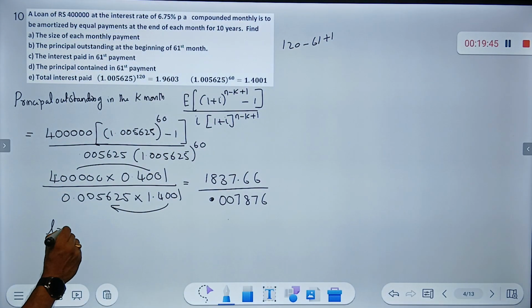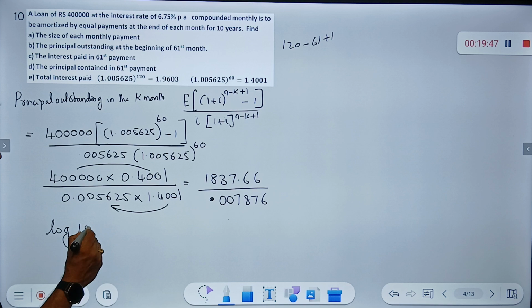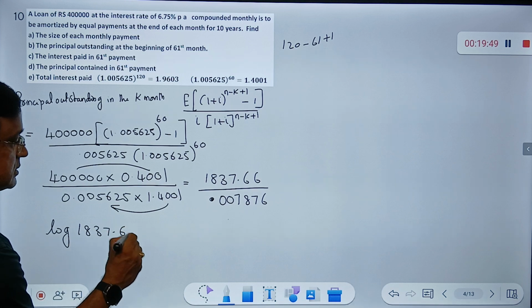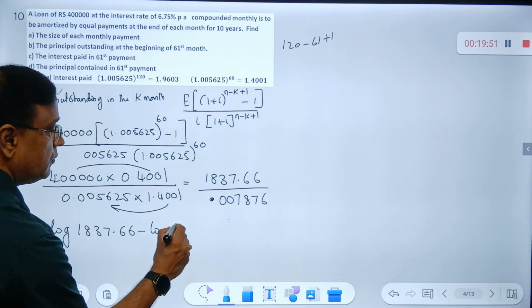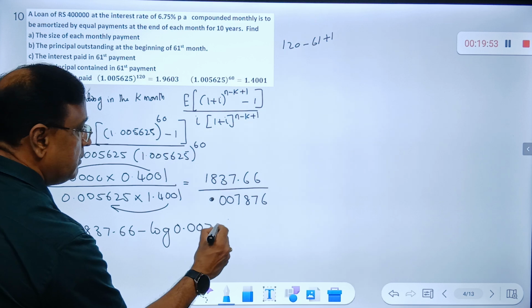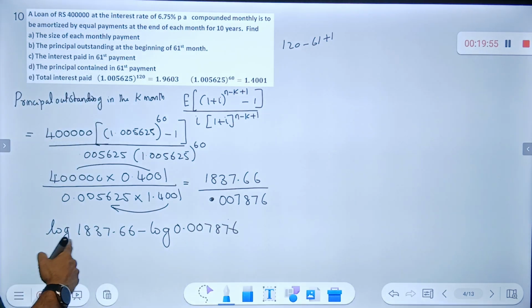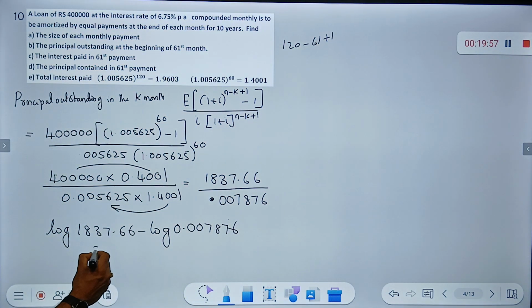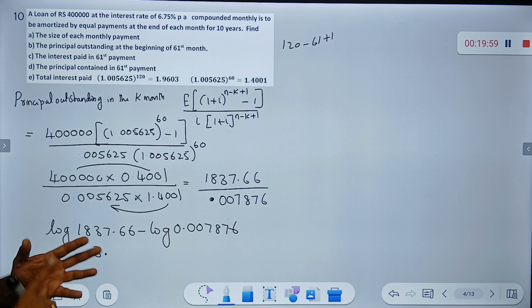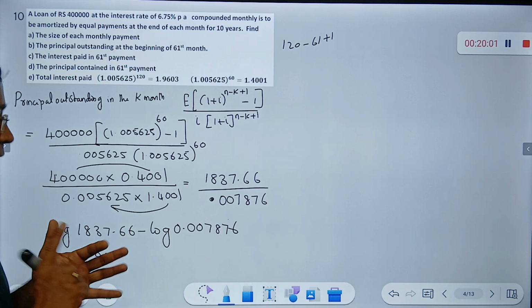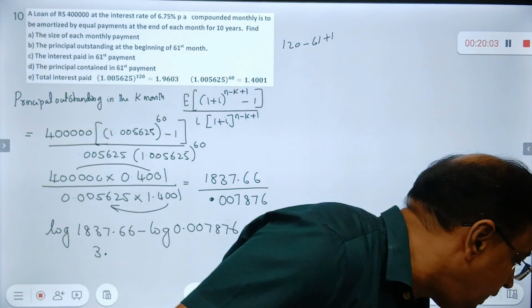Now taking log on both sides. Log 1837.66 minus log of 0.007876. Here the characteristic is bar 3. Look at log of 1838.